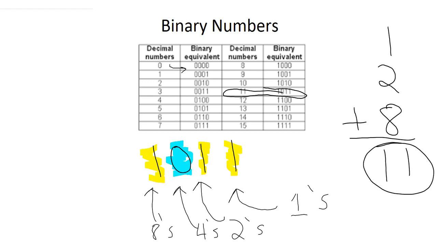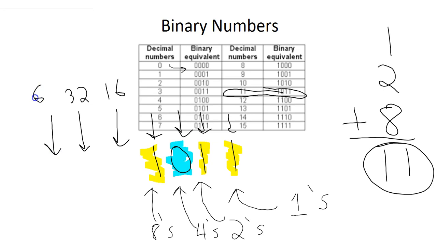Instead of having that now, when we talk binary, it goes our ones position, our twos position, our fours position, our eights position. The next would be our 16s position, 32nd position, 64th position, 128th position.